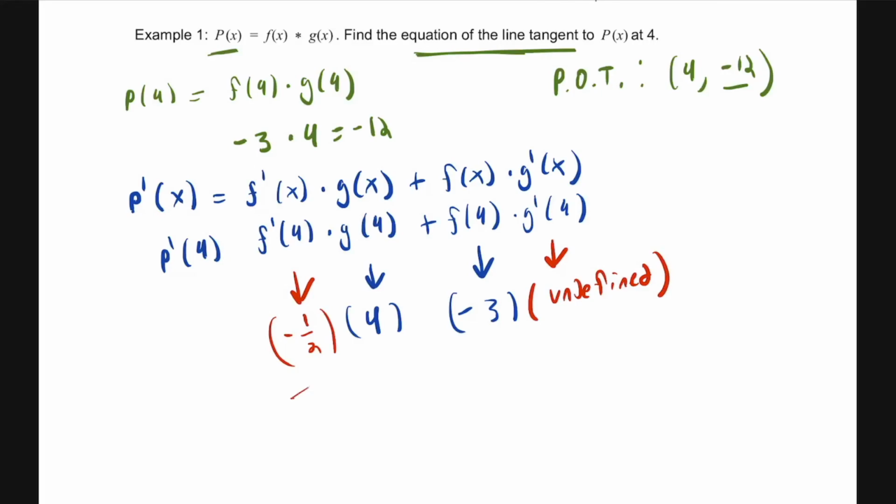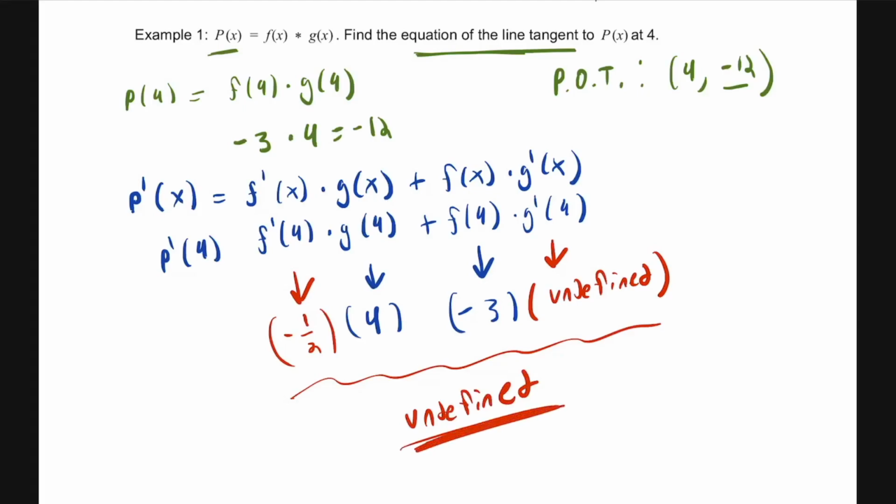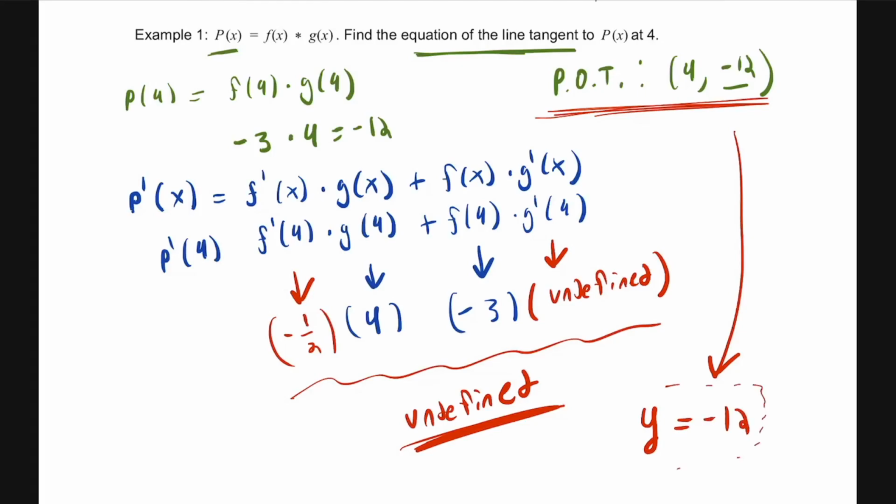So we are going to have a tangent line that is undefined and has no slope or cannot be determined. But we do have a point of tangency. So what that means is this is just going to be a vertical line at x equals 4. That's a bit of an oddball one.